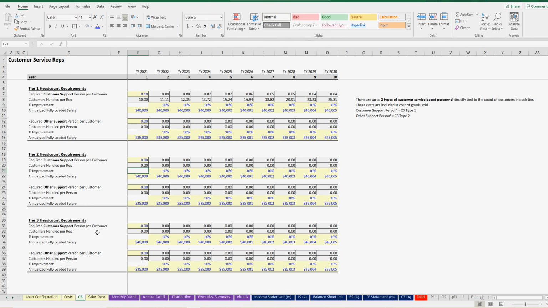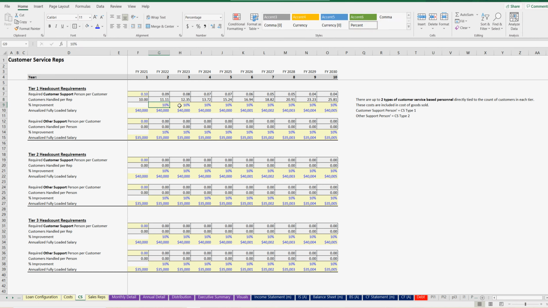You've also got customer service reps. So here you can define each tier, you can define how many customer service reps you need to handle one customer. And you can do up to two different types of customer service people, with different salaries. So if you put point one here, it would mean one customer service rep can handle 10 customers.